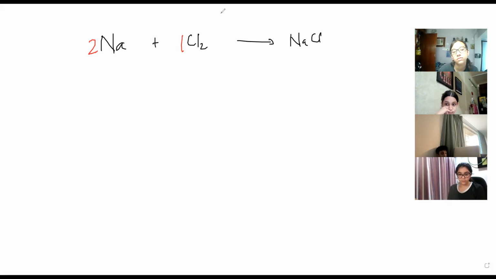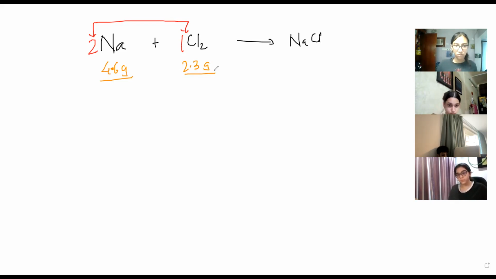Now, according to the ratio 2:1, if I take 4.6 grams of sodium, then should I take 2.3 grams of chlorine? 2:1. 4.6 and its half, 2.3. Is that correct? Yes.